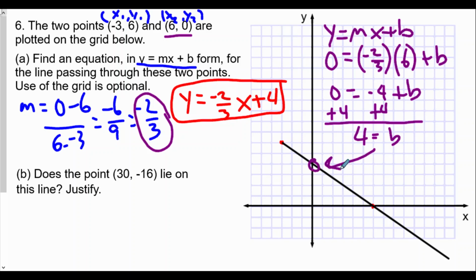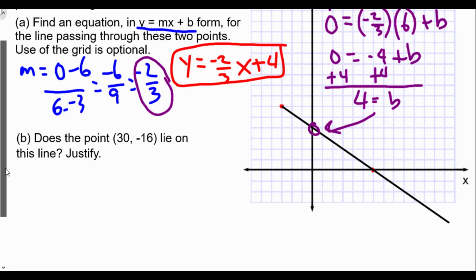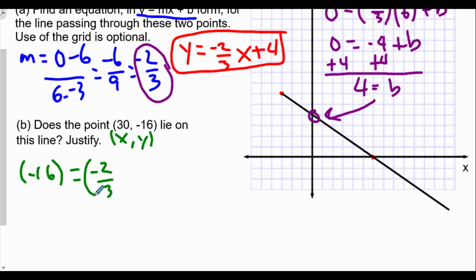Now we're asked, does the point (30, -16) lie on this line? To do so, very similar to previous problems, we plug our x and y values into our equation. So we substitute: -16 equals -2/3 times 30, plus 4, with a question mark.